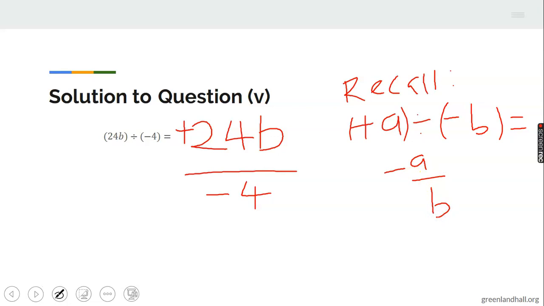So this is what we are using. Are you getting what I'm saying? Plus a divided by minus b will give you minus a over b.